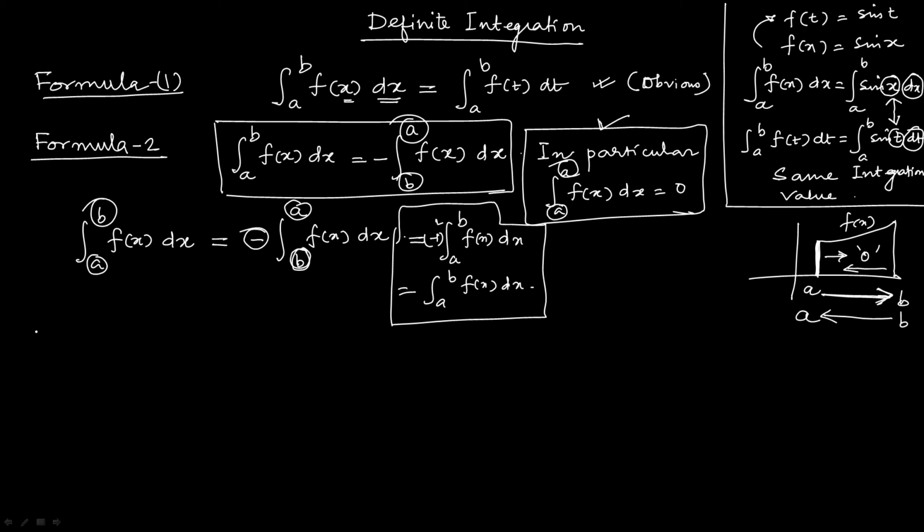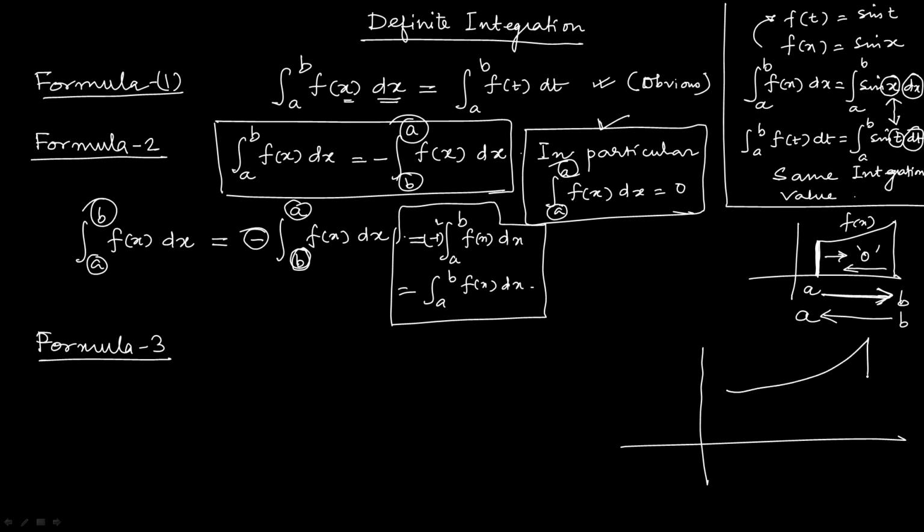Now formula number 3 is very easy. This is our function f(x), with x equal to a and x equal to b.